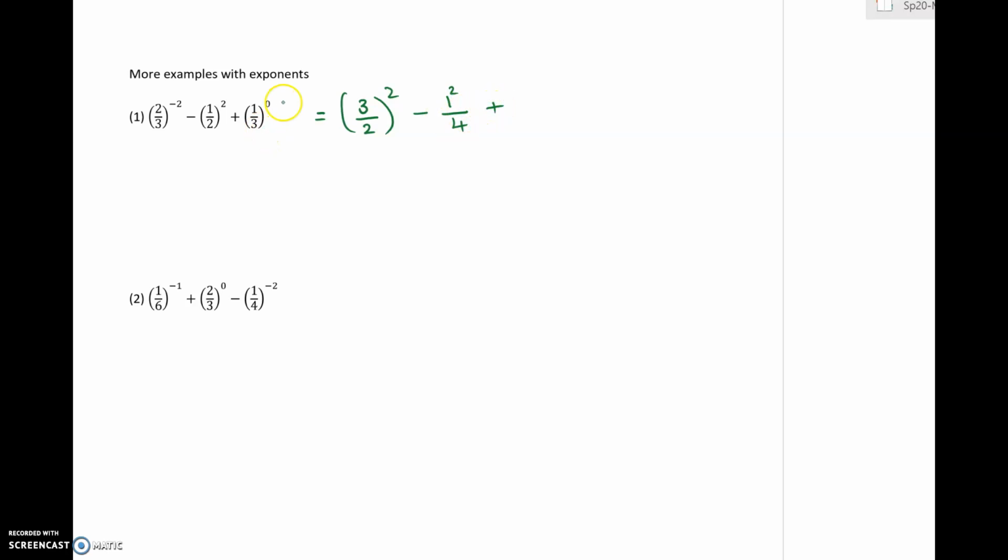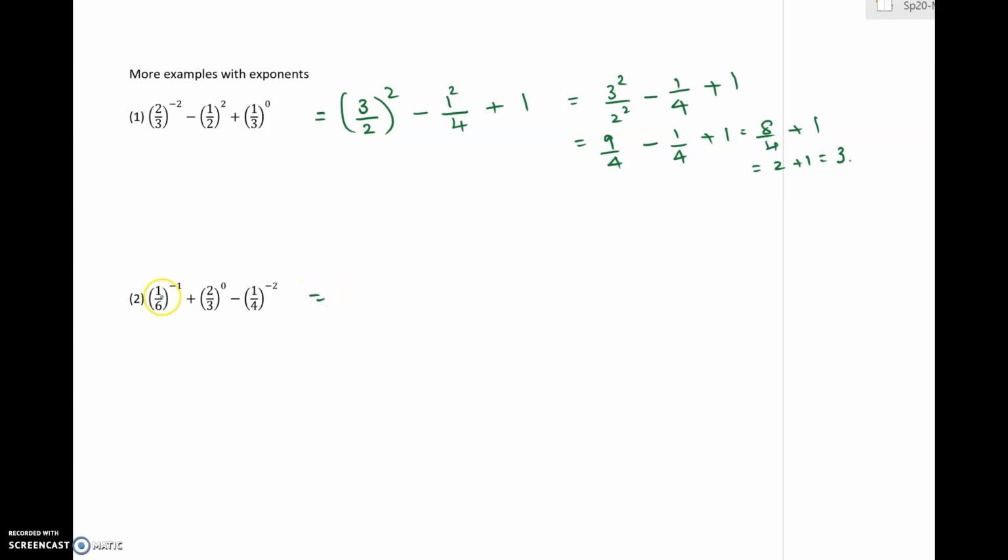And then you know that anything to the power 0 is 1. So if you simplify that, 3 squared over 2 squared, minus 1 over 4 plus 1. 1 squared is just 1. So it will be 9 over 4 minus 1 over 4 plus 1, which is 8 over 4 plus 1, which is 2 plus 1, which is 3.